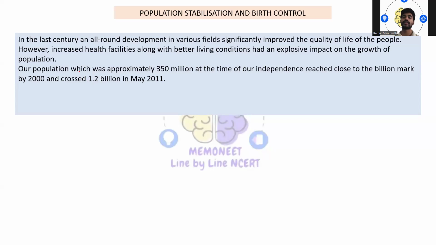Everything was discussed. So today we will discuss population stabilization as well as the birth control topic. One thing we need to understand is all-round development.